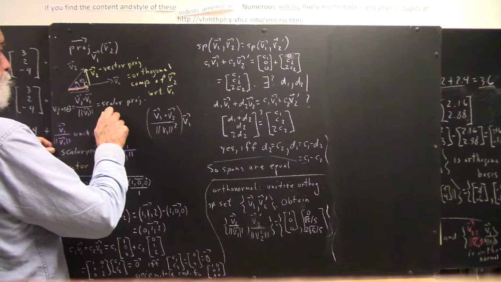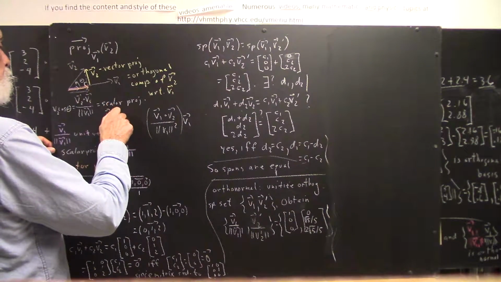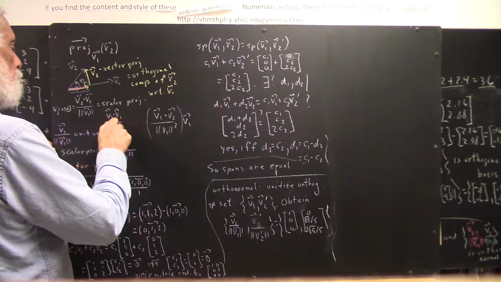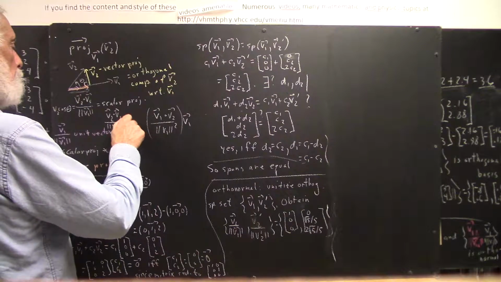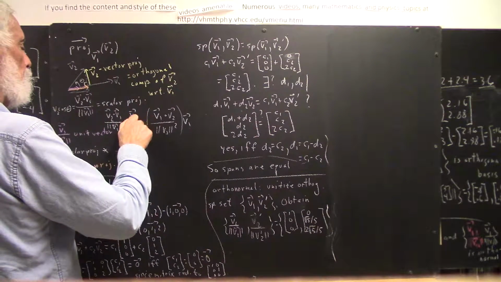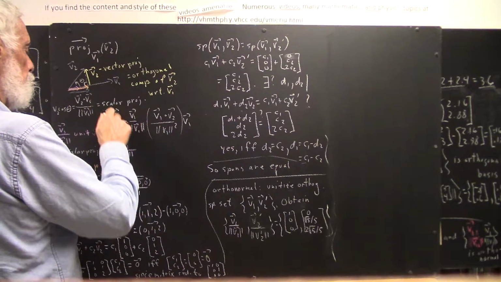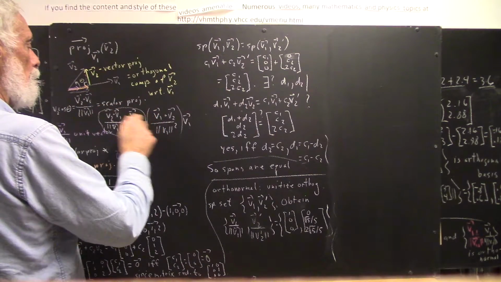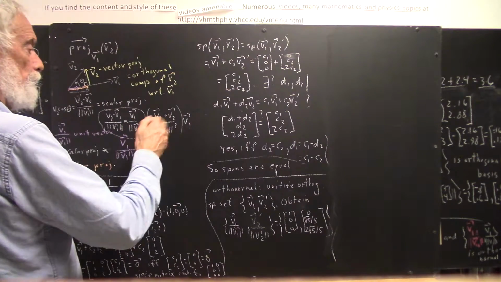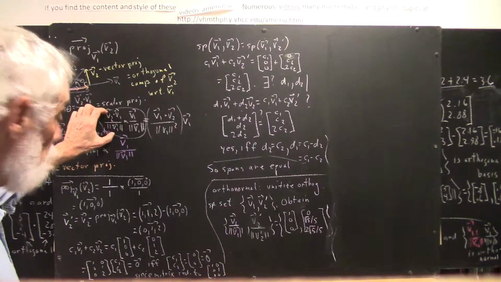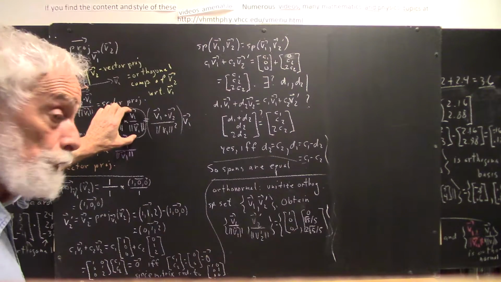That's V2 dot V1 over magnitude of V1 multiplied by V1 over magnitude of V1. This is my preferred form for the formula. Of course, it is equal to this, but this clearly shows your scalar projection times your unit vector.